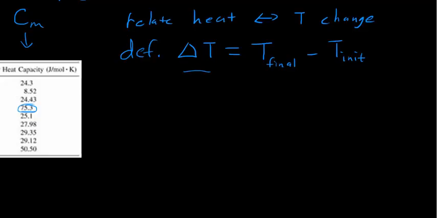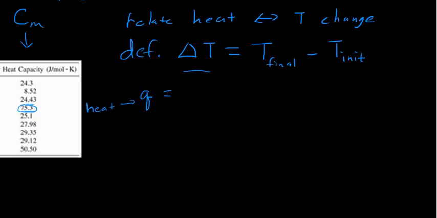Now we can use some important equations to relate the amount of heat, and that's usually given the symbol Q, Q for quantity of heat. So Q right here is our symbol for heat, the heat that goes into or out of a system.